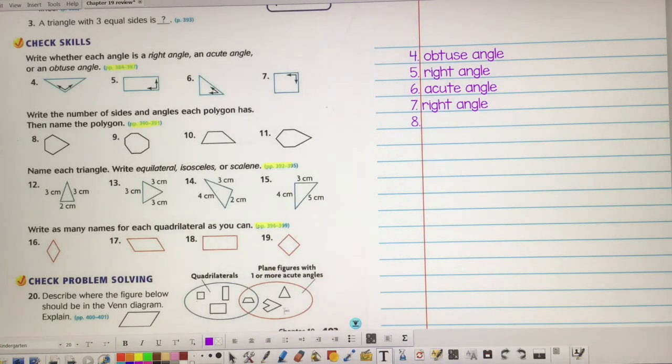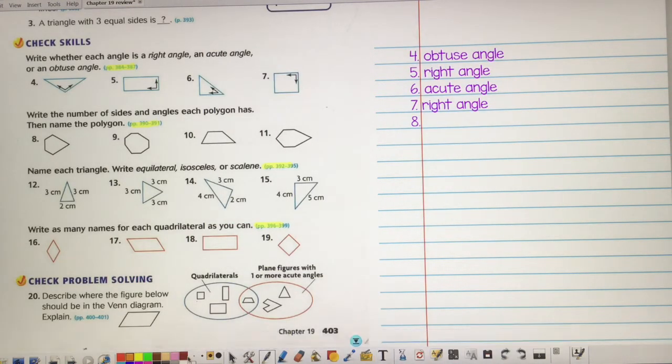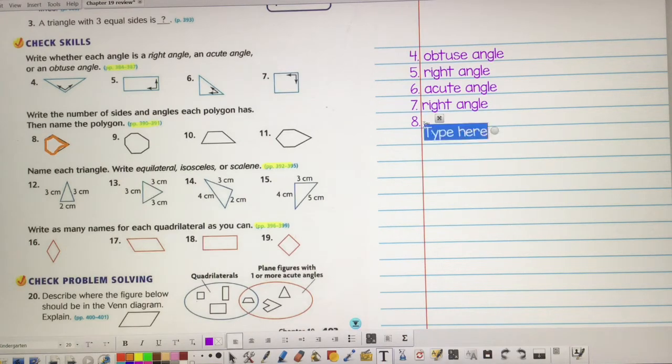So for number 8, first I got to count, right? So if I'm going to count here, 1, 2, 3, 4, and 5. So I have 5 sides. Well, if I have 5 sides, that means there's going to be 5 angles.